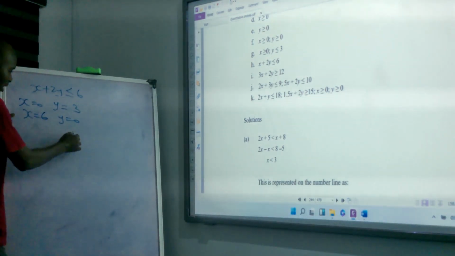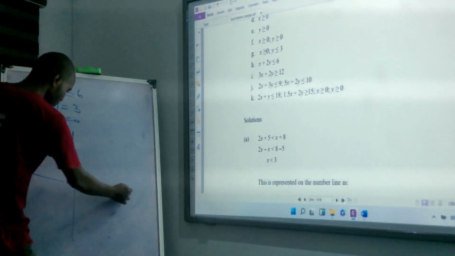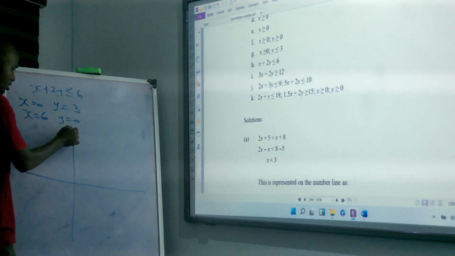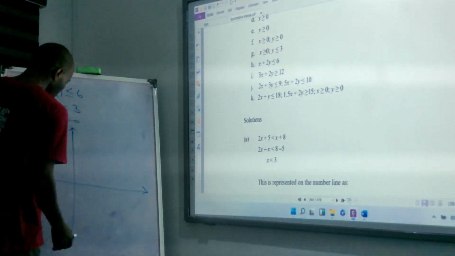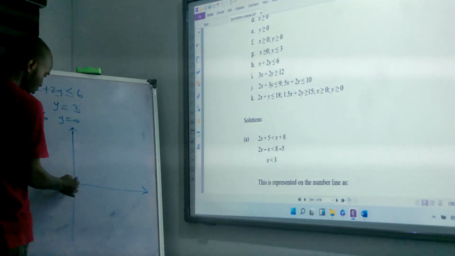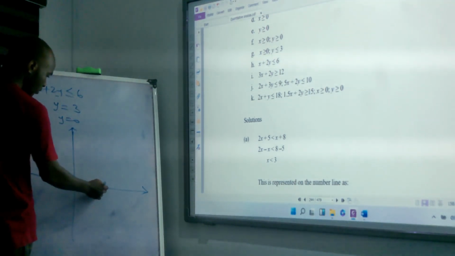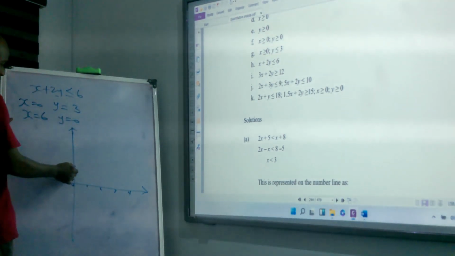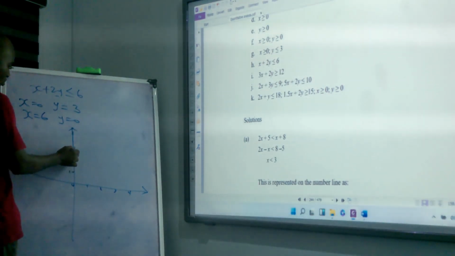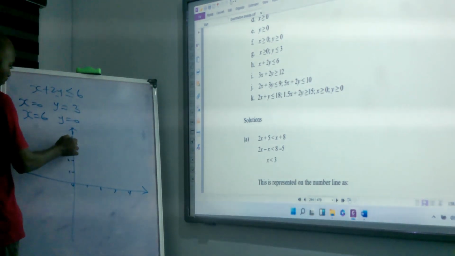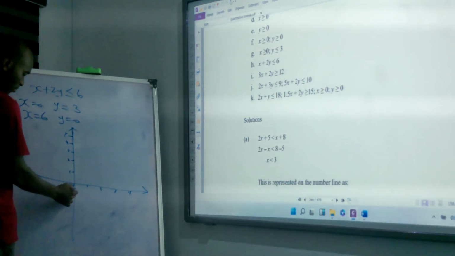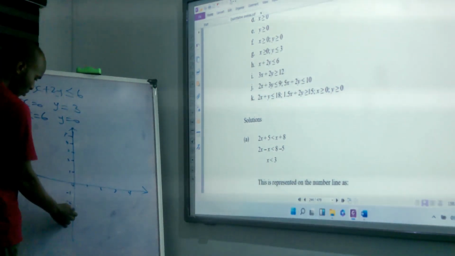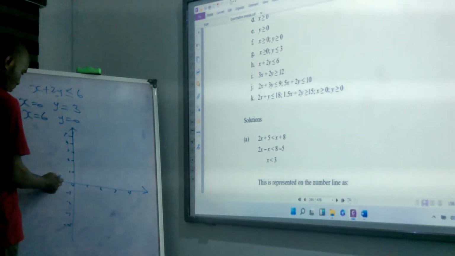So can we now draw the line on the graph? So we have 0 here. So 1, 2, 3, 4, 5, minus 1, minus 2, minus 3, minus 4.